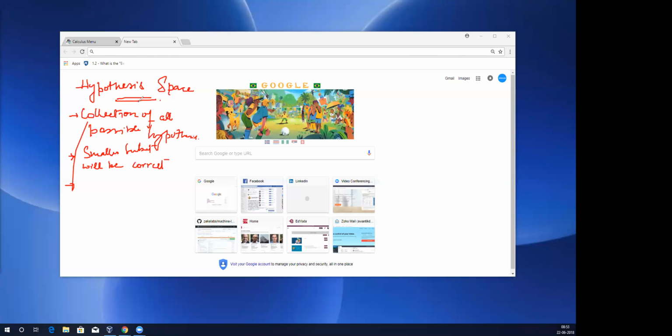Null hypothesis is an accepted fact. Got it, right? It's an accepted fact.